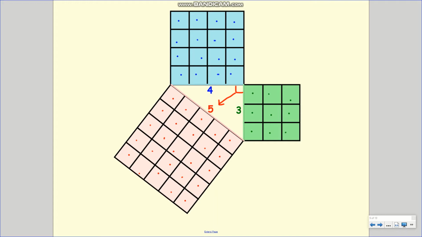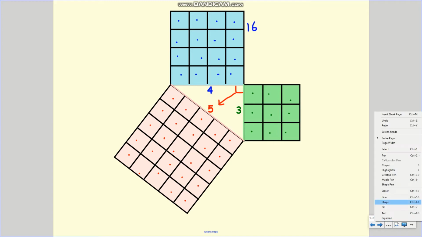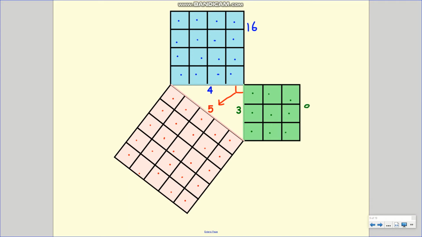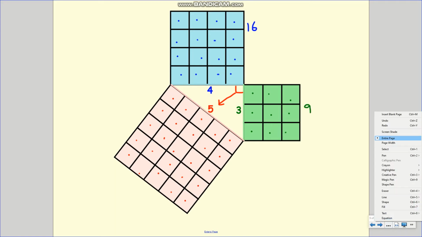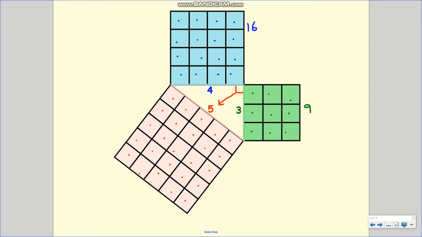You know your square numbers, so you should be able to calculate these without drawing any diagrams. That being said, 16 boxes here, 9 boxes on this side of the triangle, and 25 boxes for the longest side.